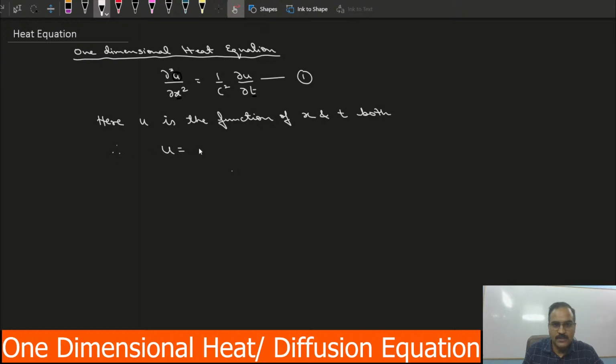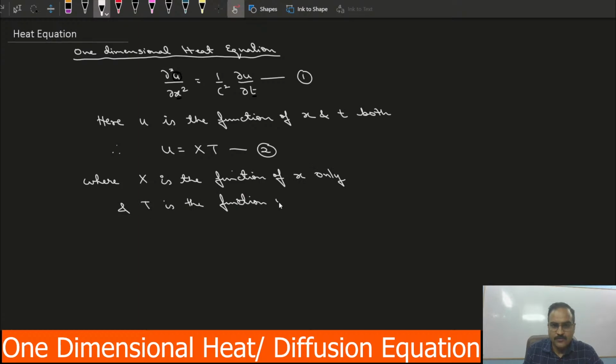Therefore we can write u as X into T. That will be equation number 2, where capital X is a function of small x only and capital T is a function of small t only. Now in this equation we have taken the partial derivative of u twice with respect to x and the partial derivative of u once with respect to t.